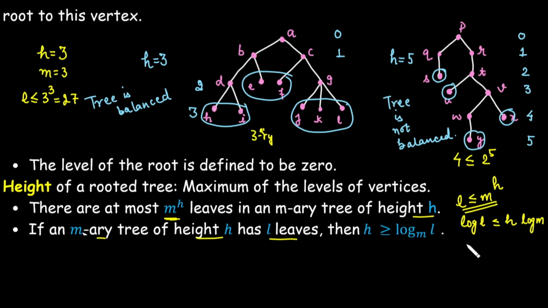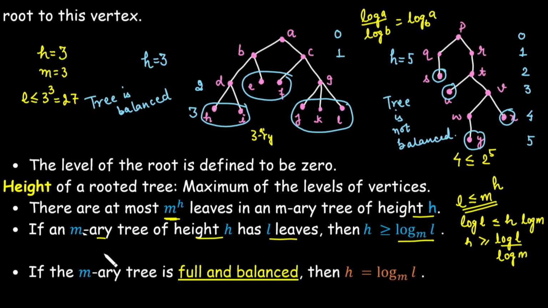From here, h is greater than or equal to log of L divided by log of m. Both have the same base, so we can use the result that log of A divided by log of B can be written as log of A with base B. Apply this here and you will get this form.